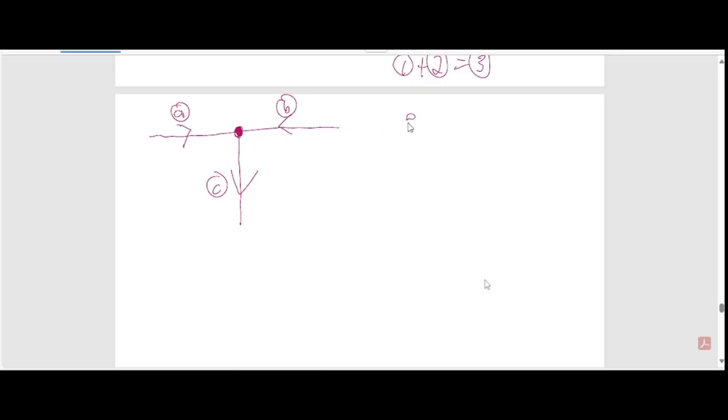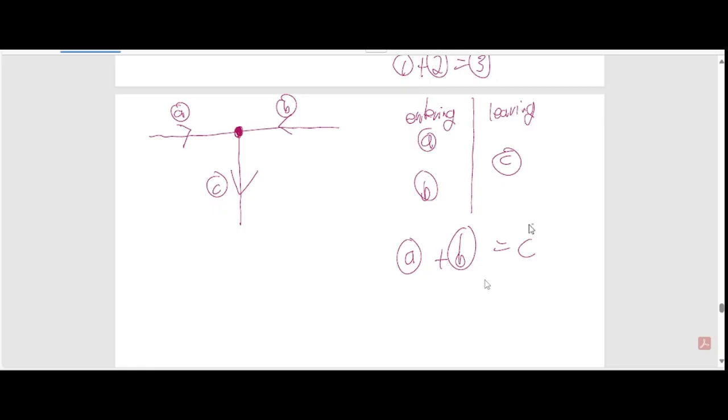So Maya, which currents enter the junction? A and B entering, C leaving. Correct. So by the law, the sum of the currents entering is equal to the sum of the currents leaving. That's how the question will come.